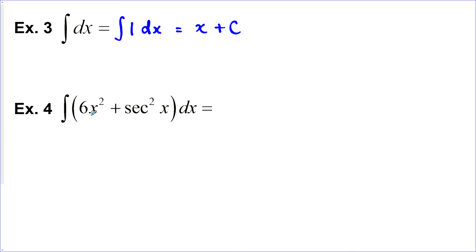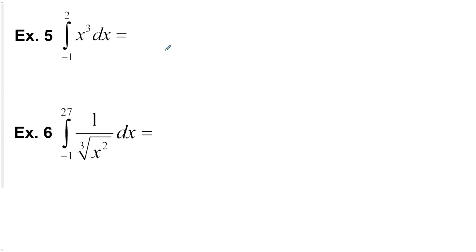Let's take the antiderivative of this term first. That would be x cubed before we took the derivative, and I'm getting a 6 here, so that must have been a 2. Now the antiderivative of secant squared is tan x, and we need a plus c. Now we've got some definite integrals here.